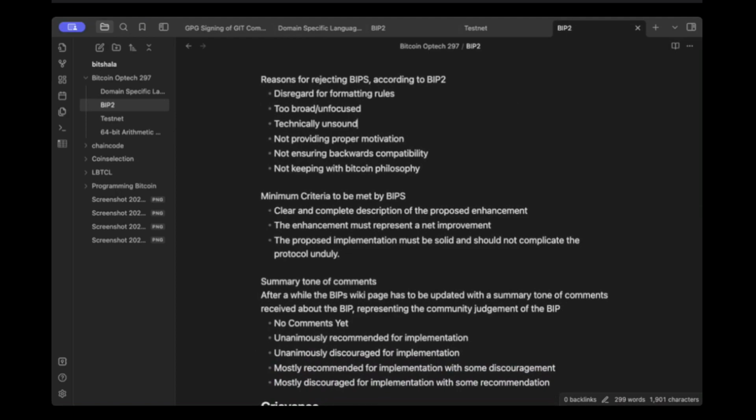It defines what a good BIP is and what all the criteria are that must be met to be accepted. What role does the BIP editor play in all these things? These are discussed in BIP 2.